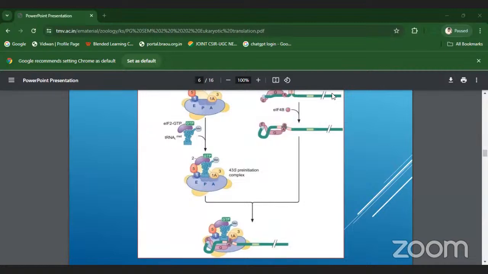Are you able to see the 43S complex here? Yes, sir. This is the 40S subunit. This is the ternary complex with tRNA met. This one is tRNA.